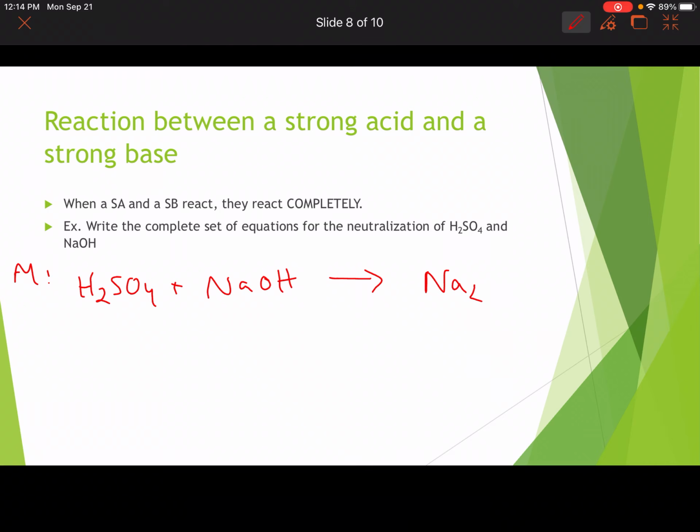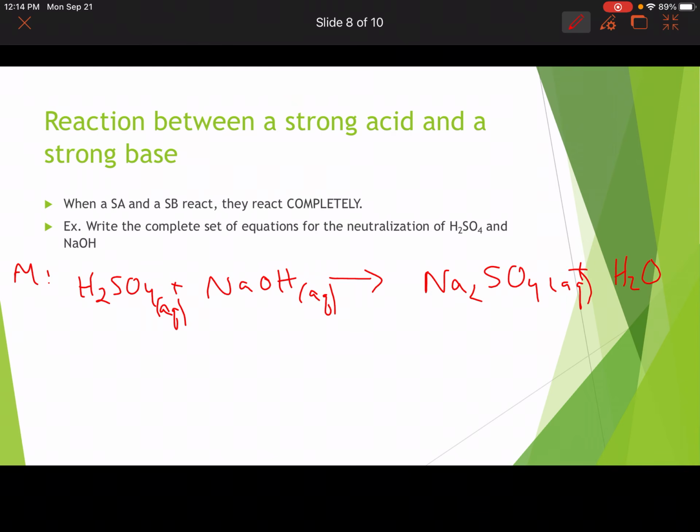So I'm going to form Na2SO4 plus water. Now I'm going to use my states. I'm going to use my solubility chart here to figure out which ones dissolve, but I'm going to speed it up here. So H2SO4 does dissolve, so it's going to be aqueous. NaOH, also aqueous. Sodium sulfate, also aqueous.